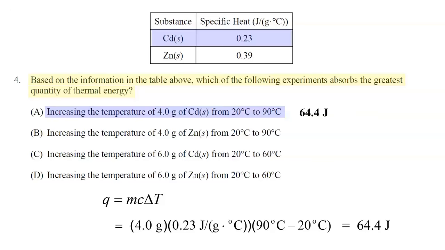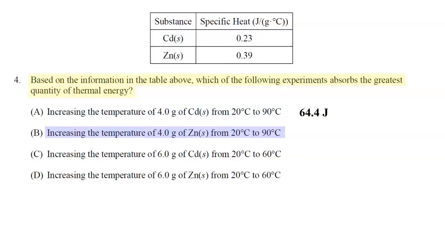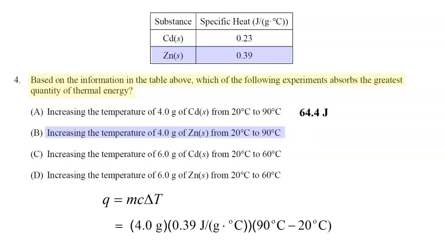Now we're just going to repeat that process for choices B, C, and D until we can verify which one of these experiments will absorb the greatest quantity of heat or thermal energy. So on to choice B. We have the same mass, which is 4 grams, and the same value for delta T, which is 70 degrees Celsius, but now our specific heat capacity for zinc is 0.39 joules per gram degree Celsius.